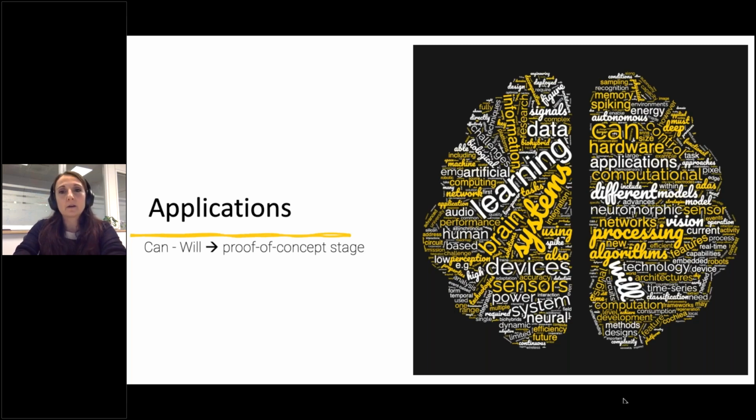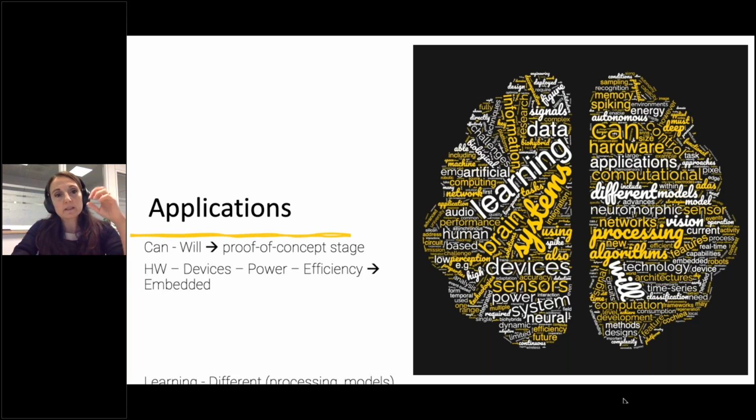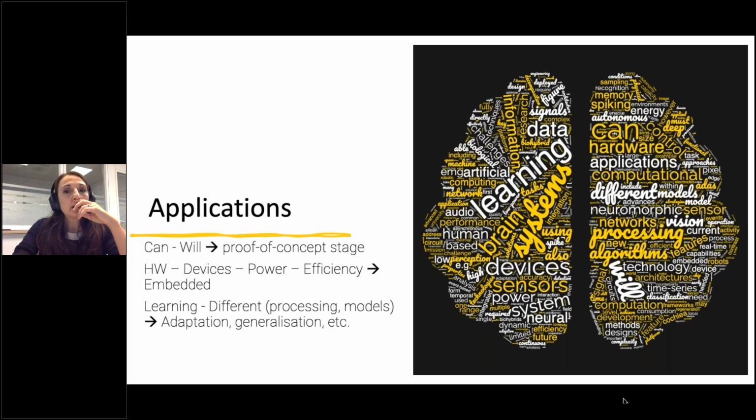We now have platforms, but there's a lot to do to bring this proof of concept into a small device that can be embedded. And so the chapters that you will see in this roadmap will really try to find which are the components and the challenges to get to the next stage that is not just a proof of concept.